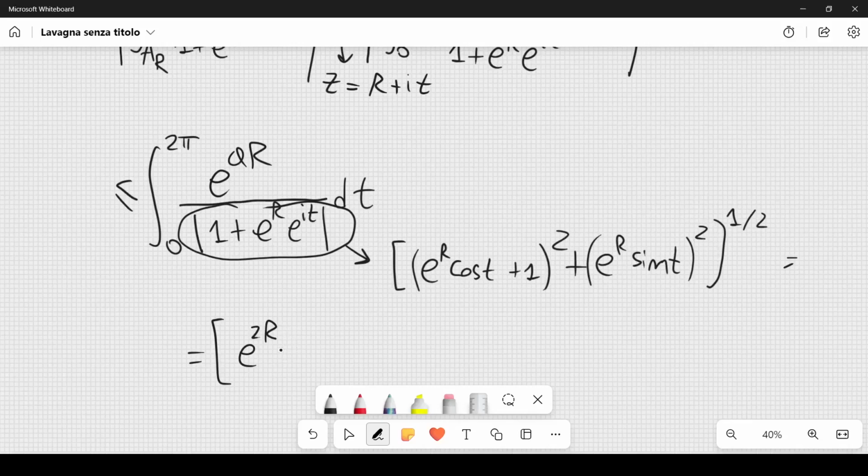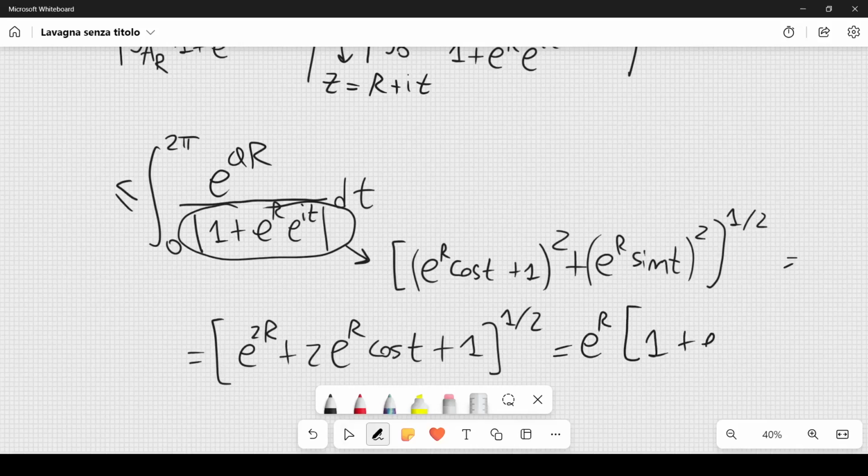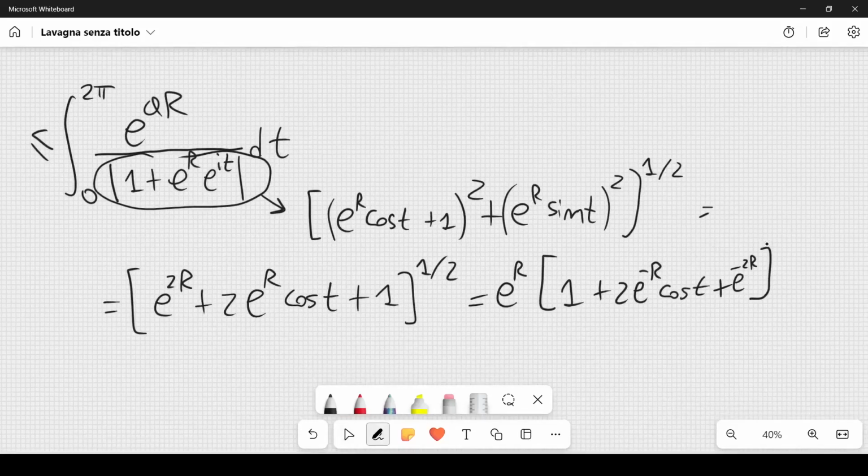And then you have plus 2 e to the r cosine t plus 1 raised to the 1 half. And you can also simplify this, so you can take out of the square root e to the 2r, so you will have e to the r, and then you get 1 plus 2 e to the minus r cosine t plus e to the minus 2r, and then you raise it to the power 1 half, like this.